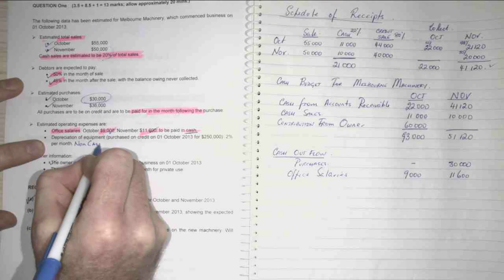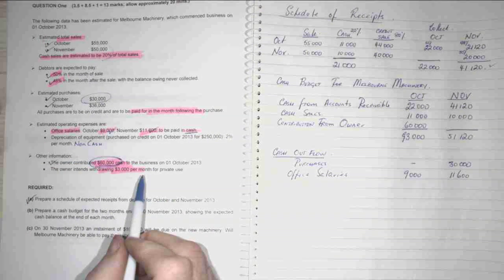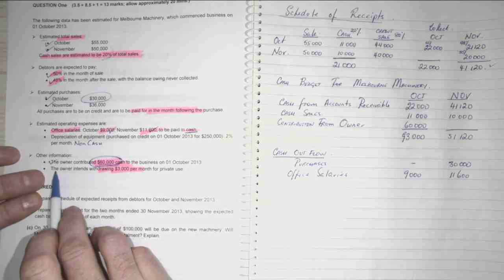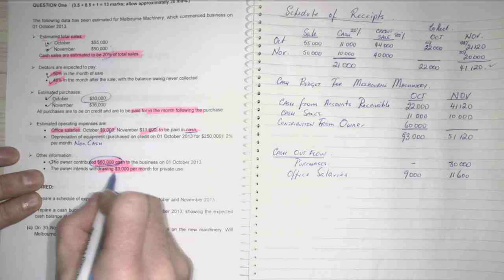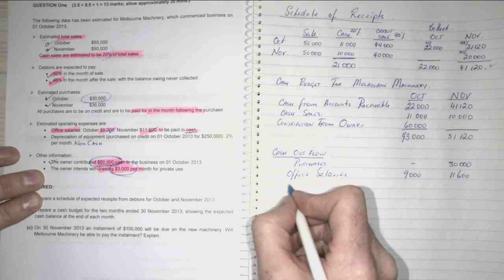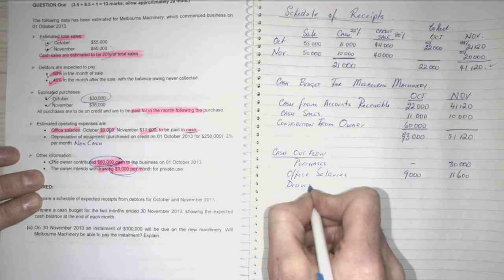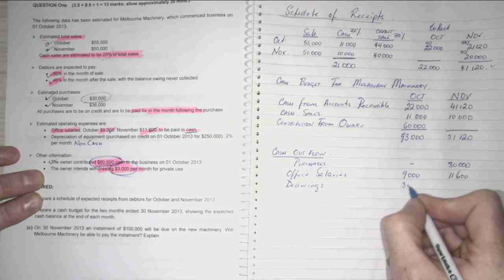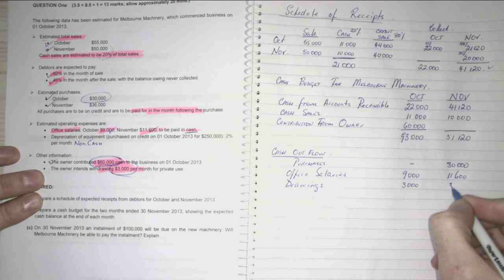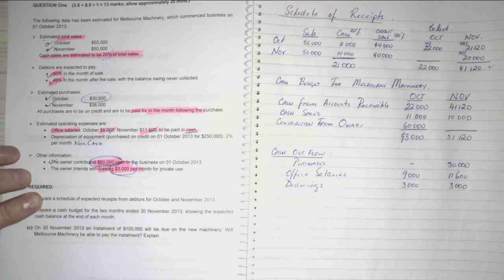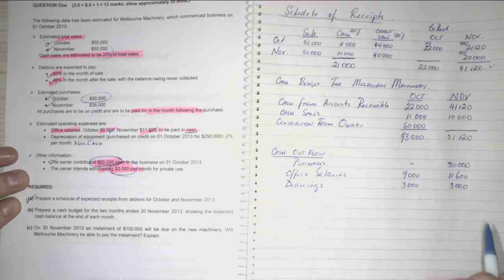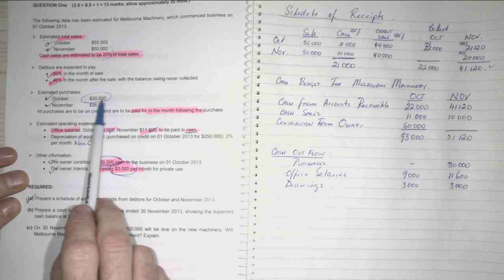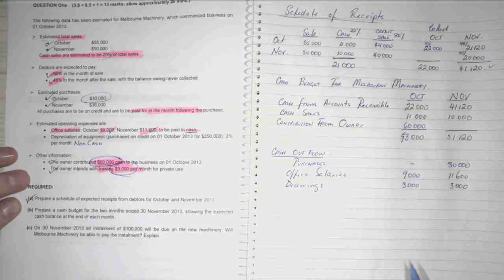So just remember, you'll be tested around cash and non-cash. And the owner intends withdrawing 3,000 per month, so that's a cash outflow. So I've got drawings of 3,000 per month. Any others? I think everything's ticked off.